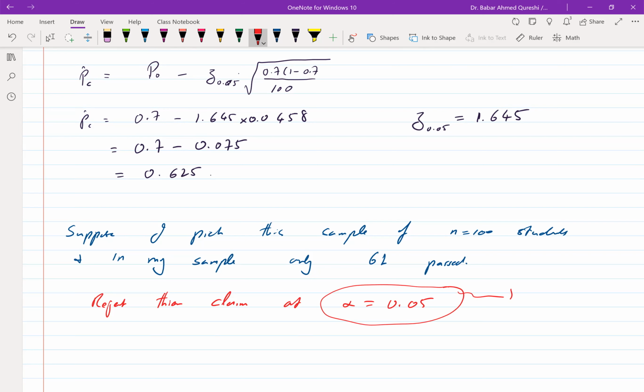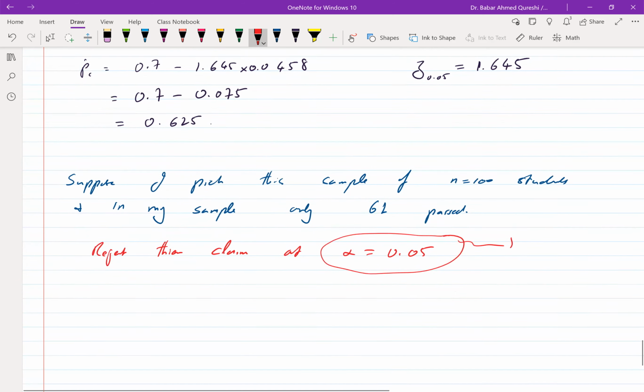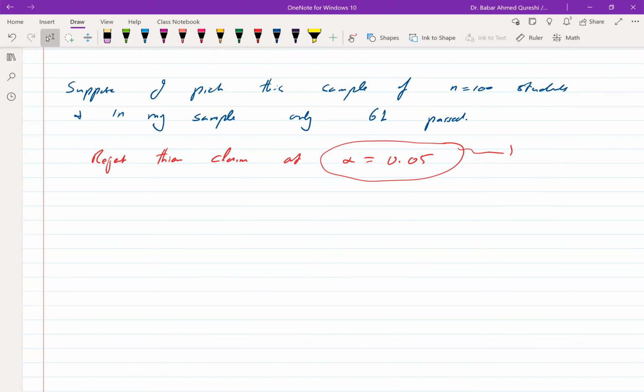So similarly, using the same logic, in this case as well, you can compute the p-values.